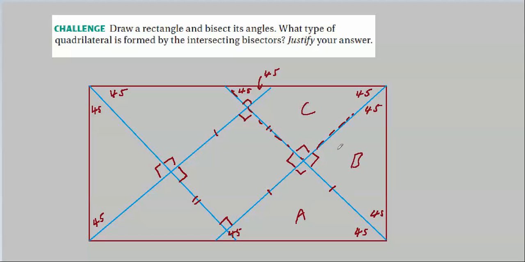Well, we just showed that A is congruent to B, and then B is congruent to C. So, by transitivity, A is congruent to C. And we match up corresponding parts of congruent triangles, and they're congruent.